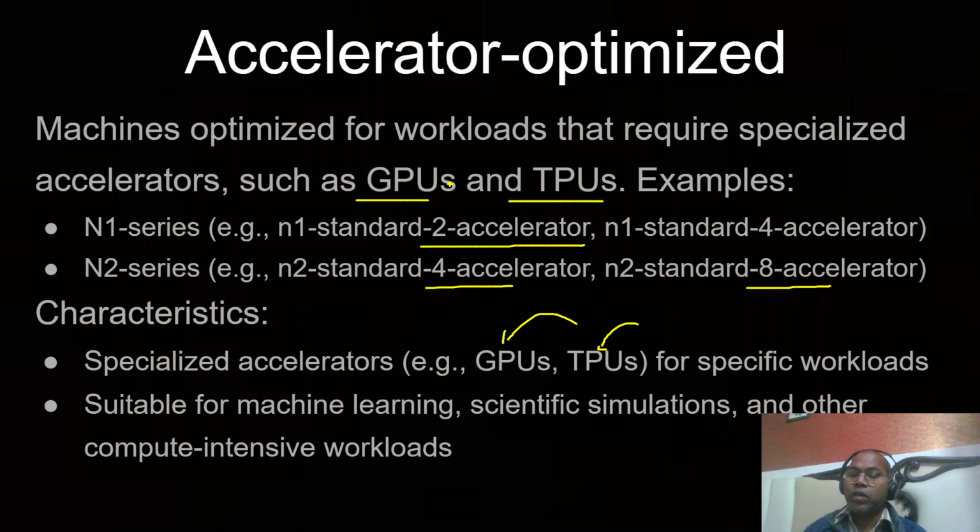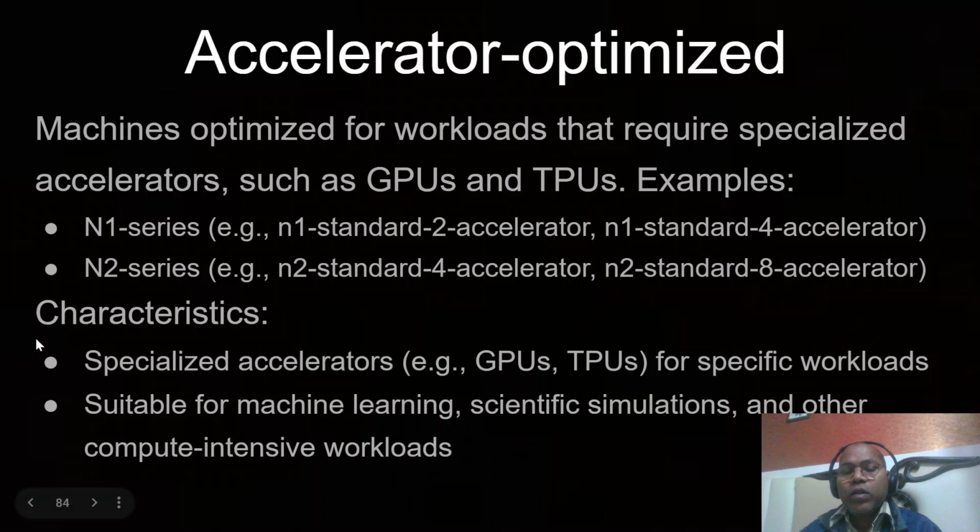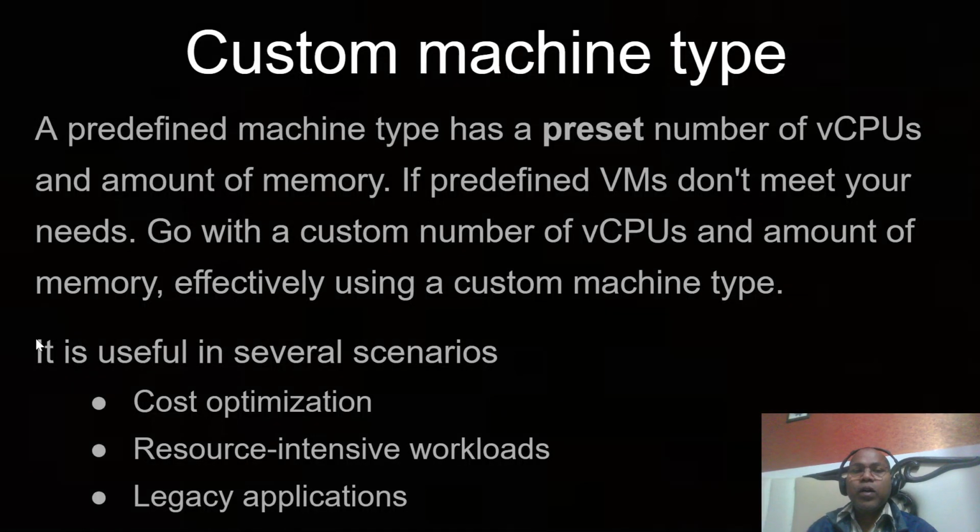They are suitable for machine learning, artificial intelligence, scientific simulation, and really high compute intensive workloads where you are doing big processing. In those scenarios, you choose the accelerator optimized machine.